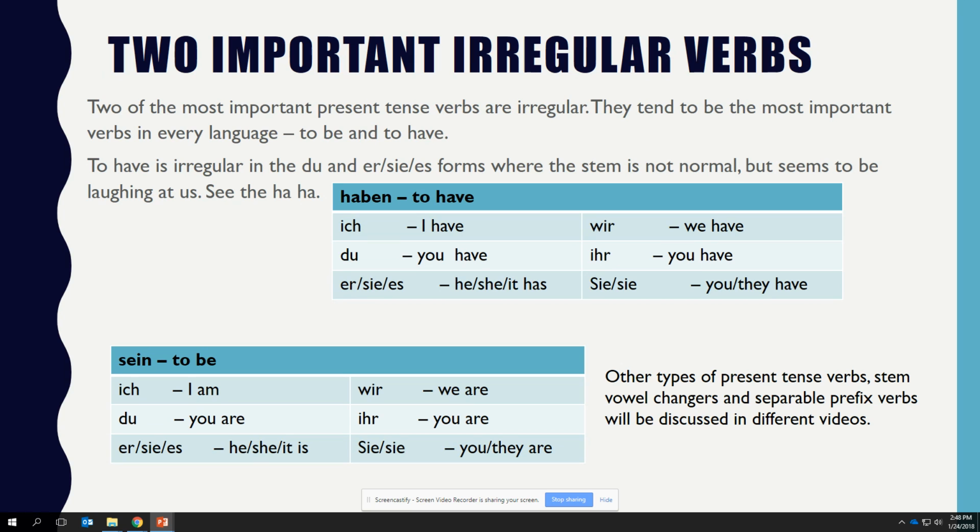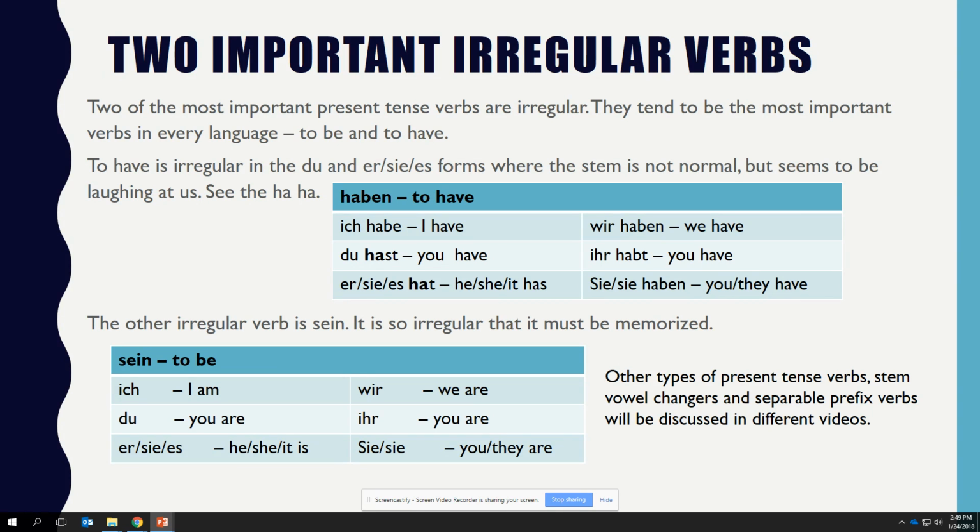The stem does not have a b, it is just ha. It's like haben is laughing, ha, ha. You can pause the video to try to conjugate the verb, or we can do it together. If you want to pause, pause now. Haben conjugated is ich habe, du hast, sie es hat, wir haben, ihr habt, sie haben.